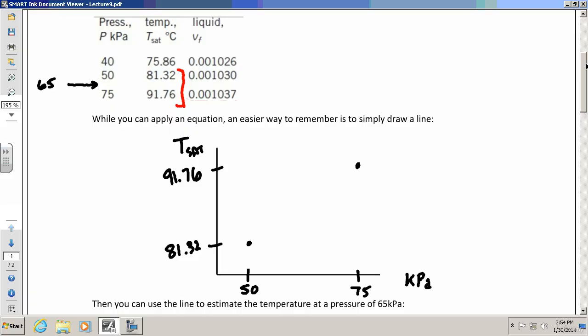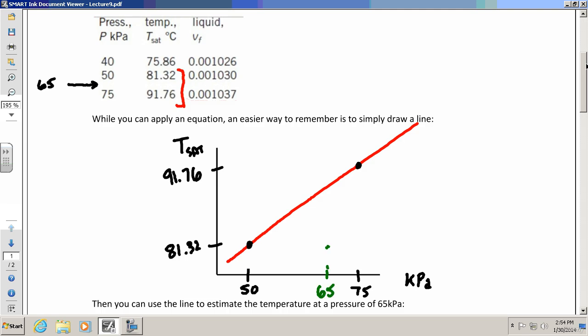Now, we all know 2 points make a line, so let's make that line. And I'll fill in the points just so we can see them more clearly. Okay. All we're trying to do is figure out what's the saturation temperature for, let's say it's right here, 65.